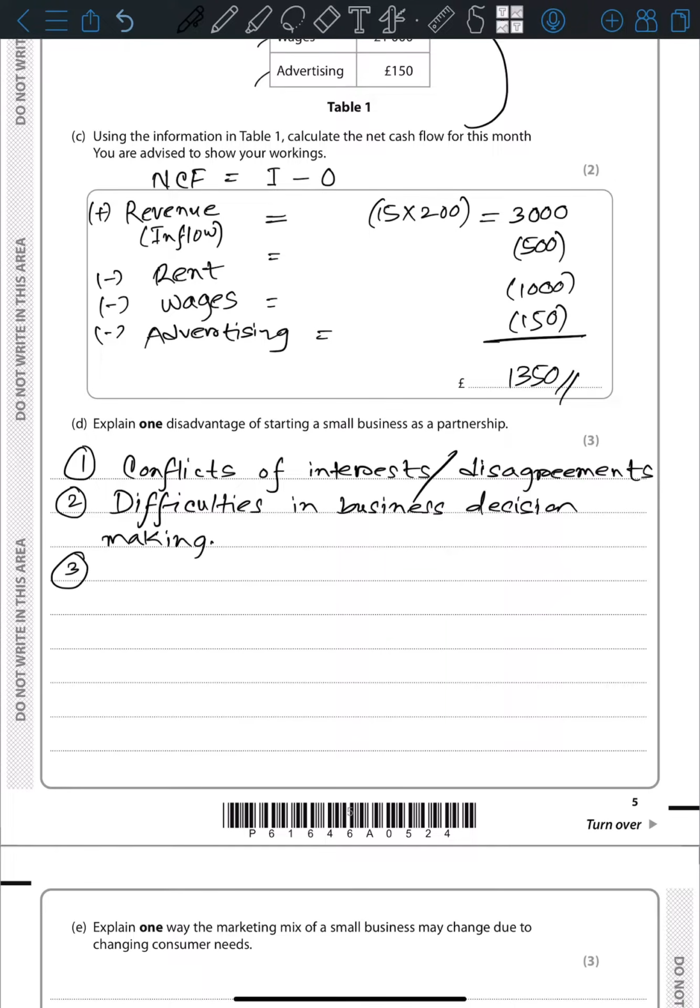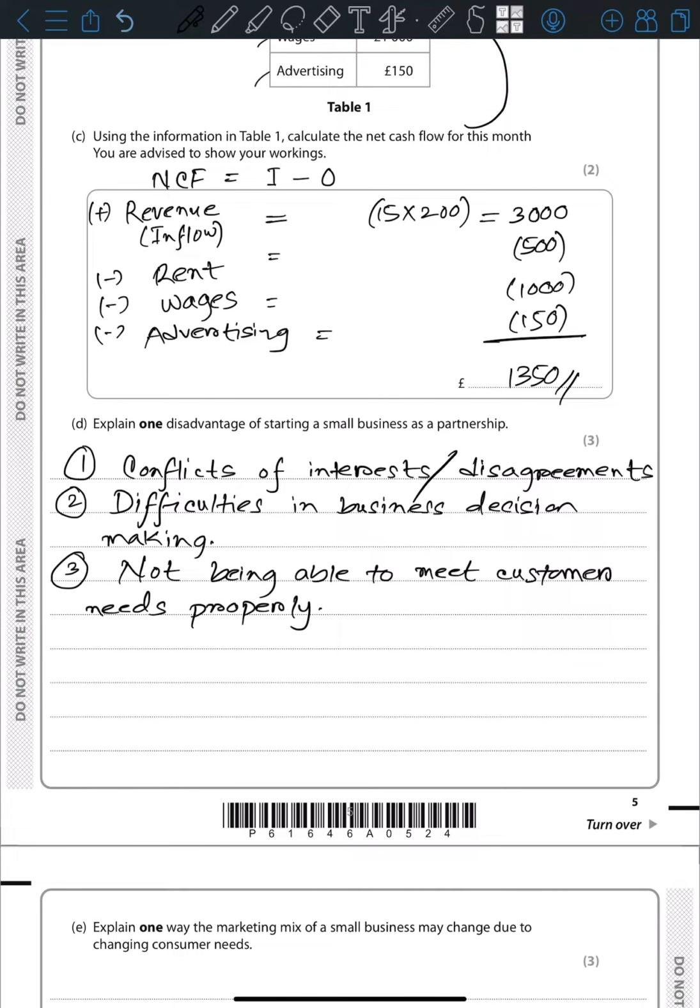So this will lead to the business not being able to meet customer needs properly, or it will also increase business cost, whichever you pick.